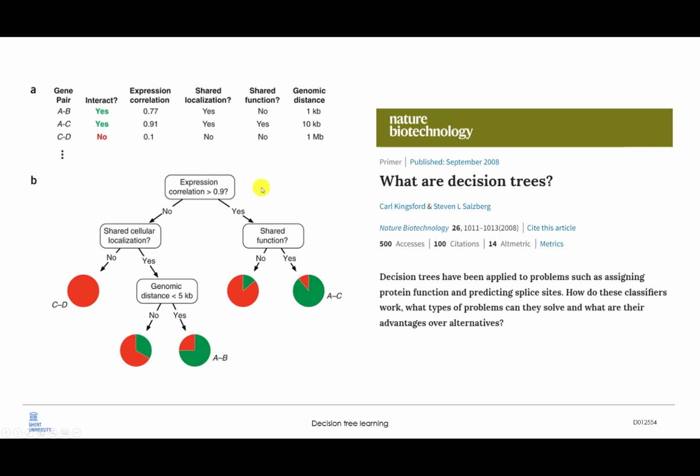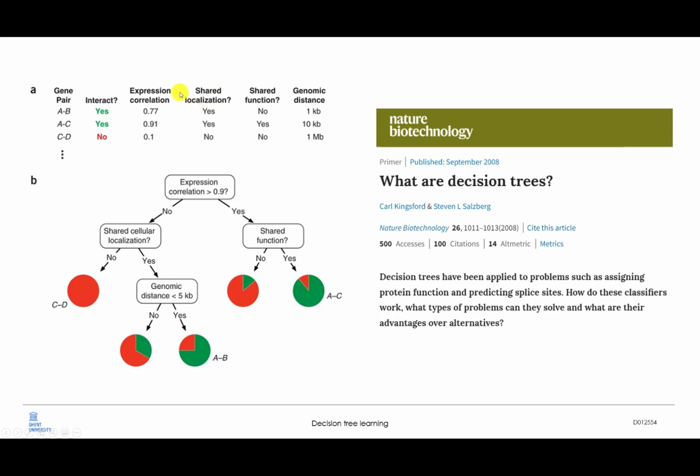And so they show this nice example here where they have a data set that looks something like this, right? You would have pairs of genes, and the classification that you want to make is whether these genes interact, yes or no. The features they have here are, for example, expression correlation, so microarray expression values or something like that. You could look at the correlation of expression between these genes.